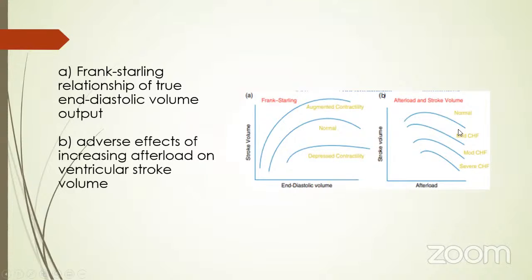So in congestive heart failure, if afterload increases, the resistance increases, and the stroke volume will decrease more. So there is a steeper, more depressed cardiac output if afterload increases.